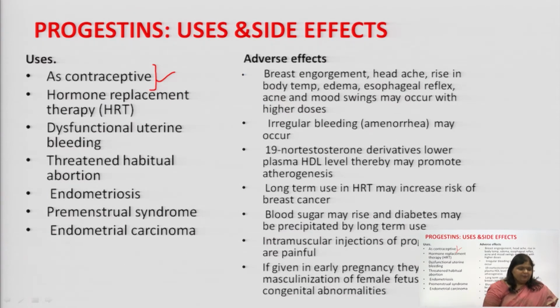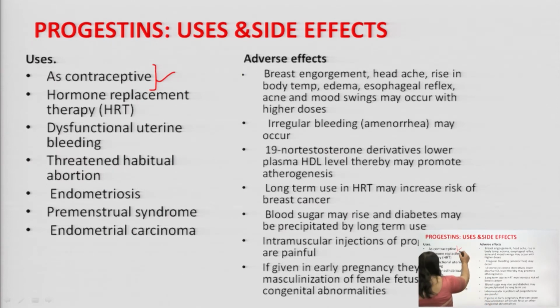In that case, progestins could be used. Then in case of endometriosis, where there is inflammation of the endometrium and an increase in its size, progestins can also be used. Then also in premenstrual syndrome, progestins are used, and also in endometrial carcinoma, or we can call it endometrium cancer. These are the uses of progestins. So, what are the uses?